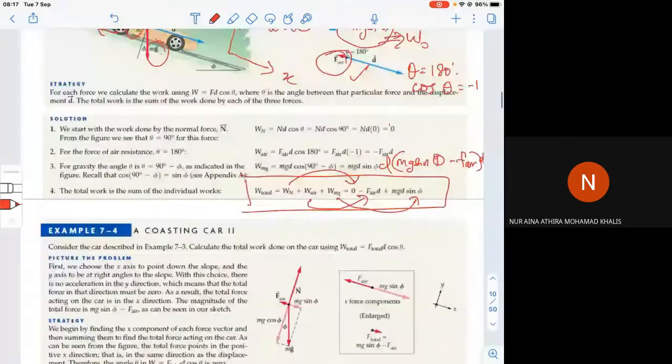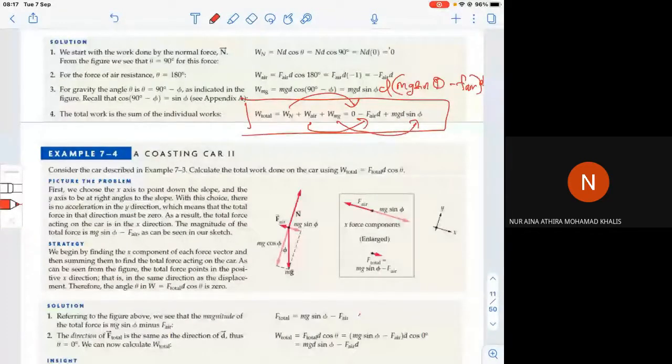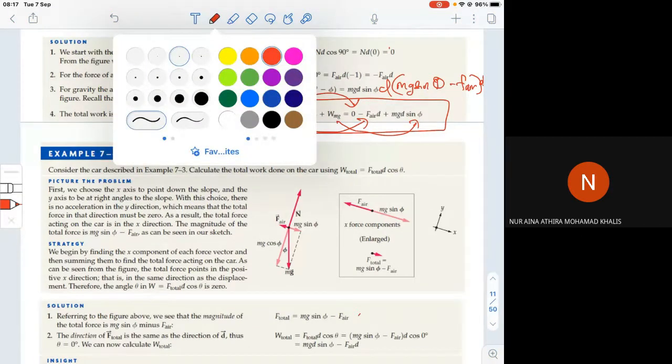All right. Because the car is moving down the hill, it moves in the x-axis. When we move in the x-axis, we should consider only the forces acting in the x-axis, instead of calculating forces in the y-axis. Everything in the y-axis I put in green color.